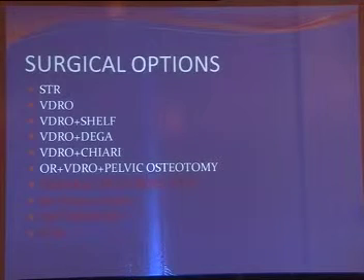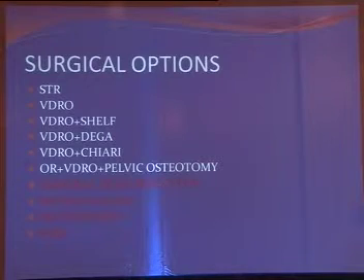So these are the surgeries. At any stage we can do soft tissue release, varus derotation osteotomy with SALF, with Dega, with Chiari osteotomy, with pelvic osteotomy, or combination procedures. Sometimes, if children come at adult age with all the complications, then femoral head resection, the McHale procedure, which is femoral head resection with subtrochanteric valgus osteotomy, or arthrodesis or THR.